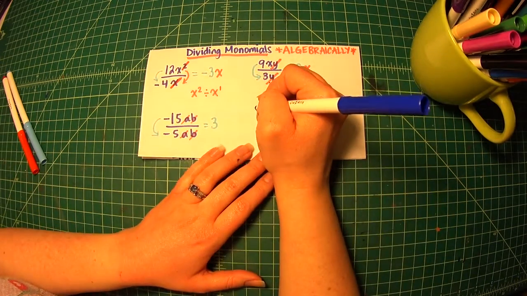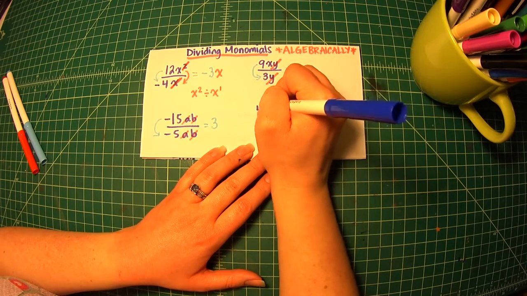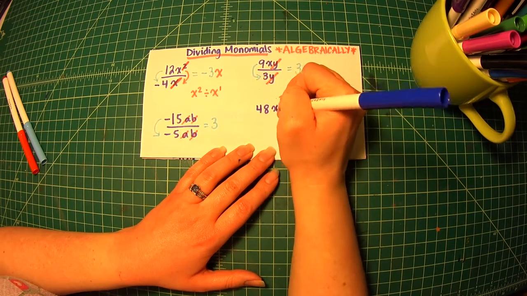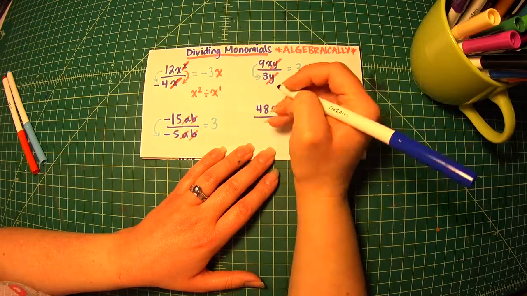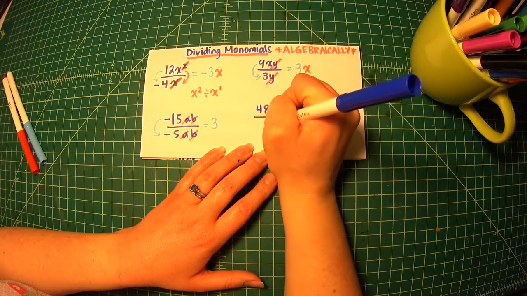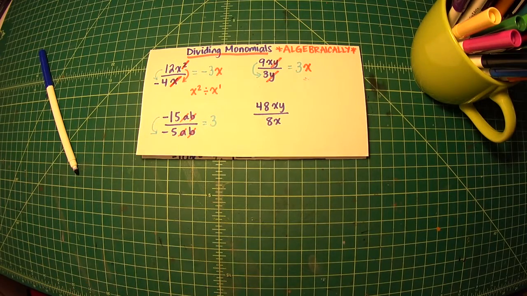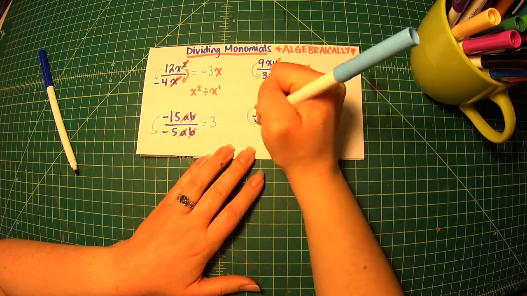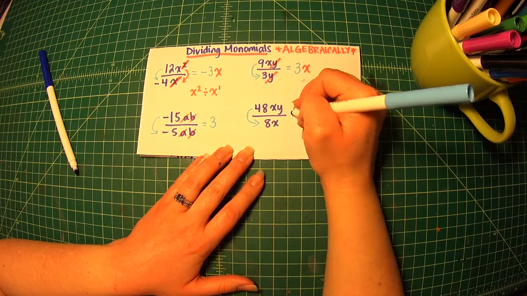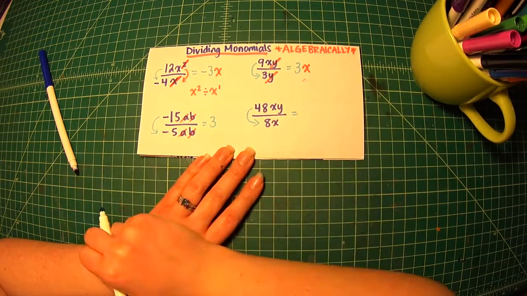Okay, last one. I've got 48xy divided by 8x. So same steps. We've got 48 divided by 8, both positive, so it's a match.